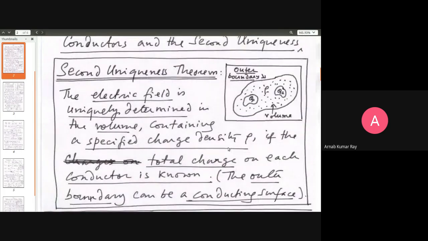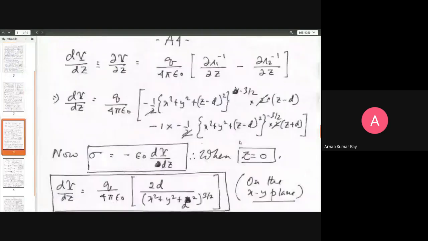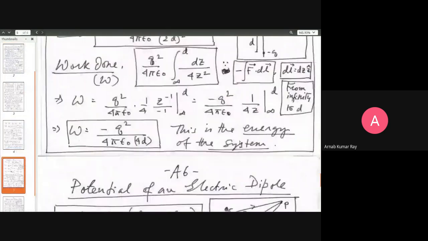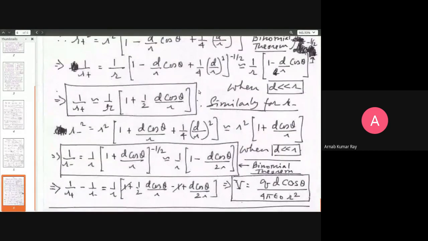Now I shall stop this discussion and move on to a new topic, which is related to what we have just finished talking about. That is an electric dipole. So let me stop this discussion. And there is something else I should also like to tell you.